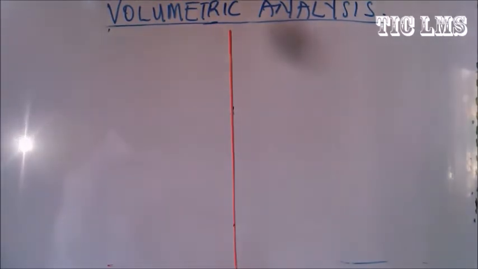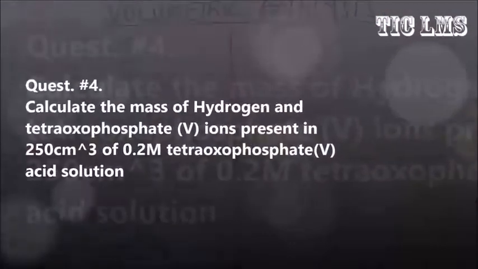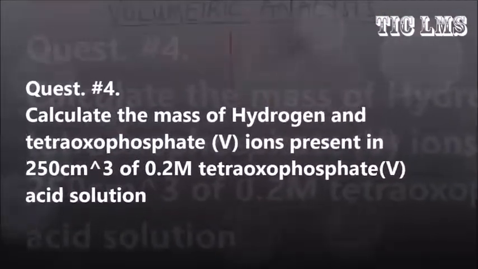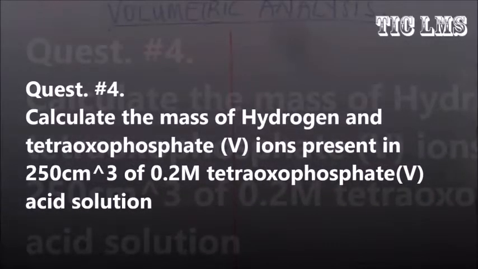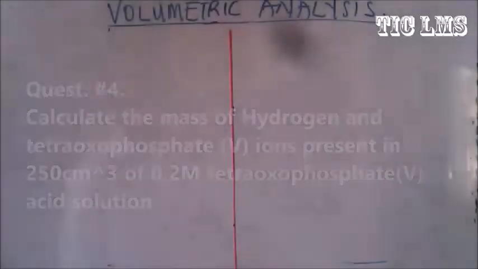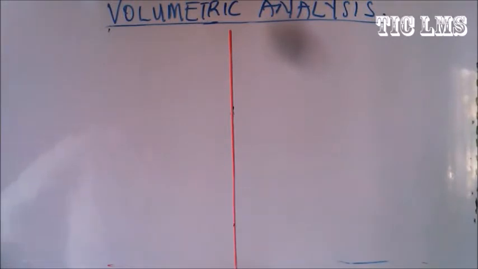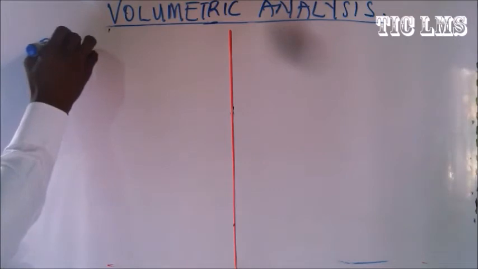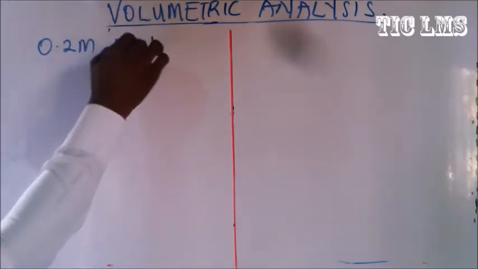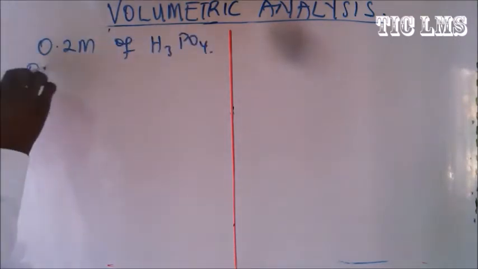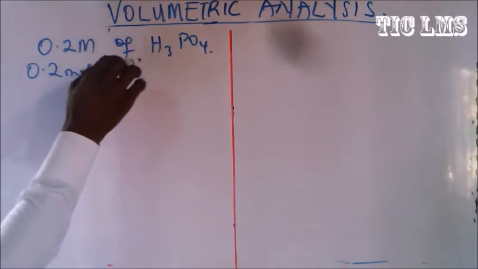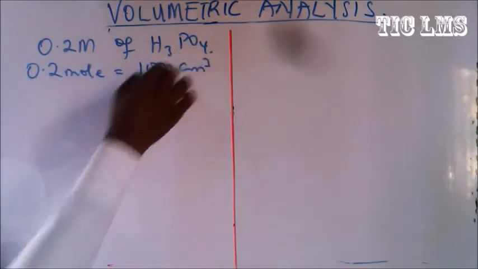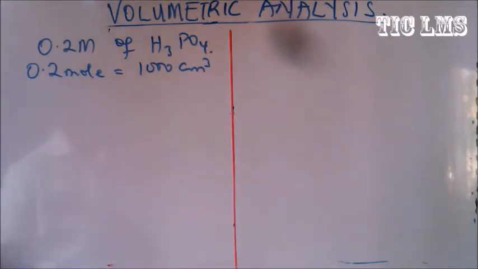This next question says we should calculate the mass of hydrogen and tetraoxophosphate 5 ions present in 250 cm³ of 0.2 molar H3PO4 solution. Now, we're given 0.2 molar of H3PO4. That means 0.2 mole in 1000 cm³.